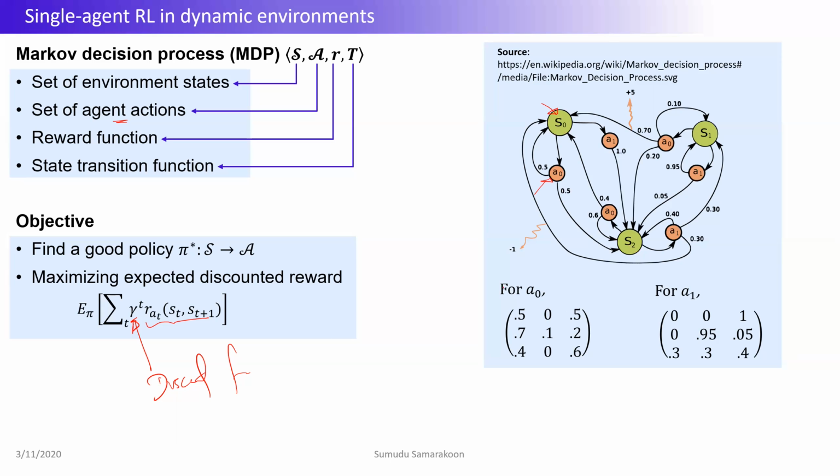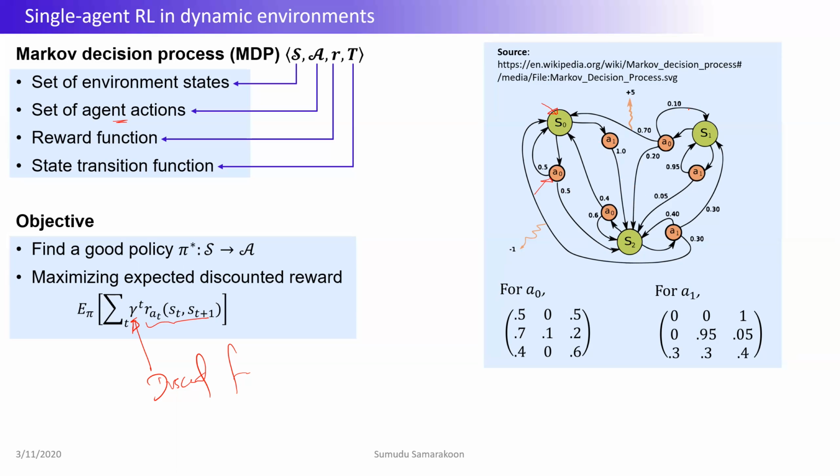Similarly, if the agent takes action A1, there's a 100% chance that the state is going to change from S0 to S2.